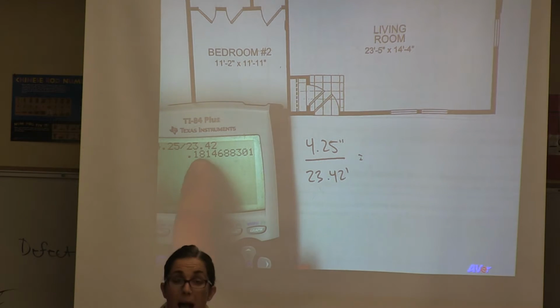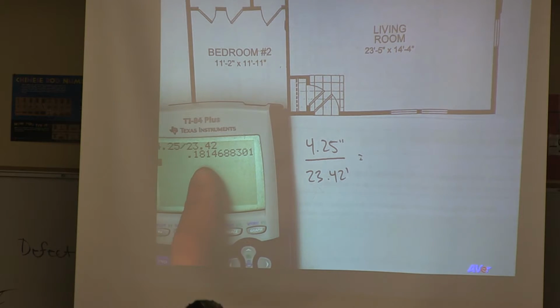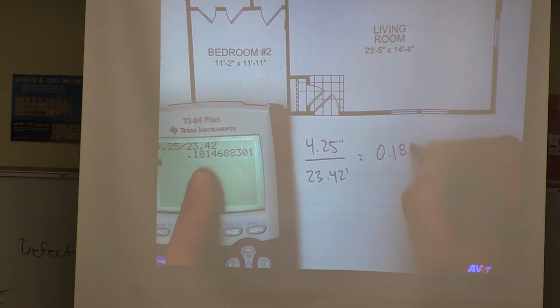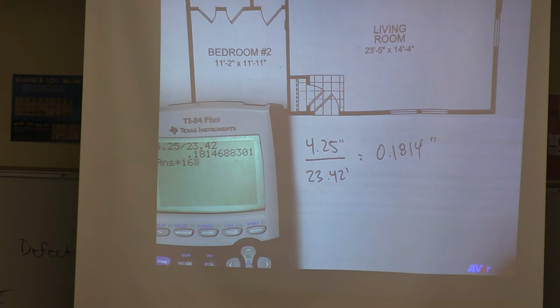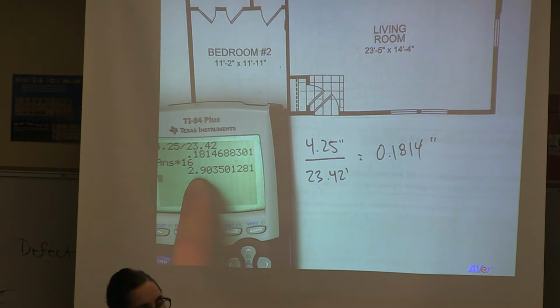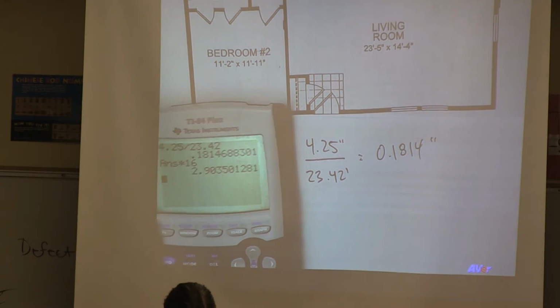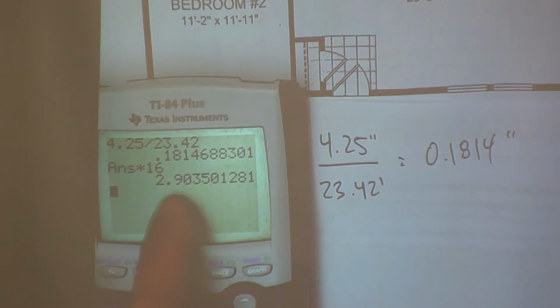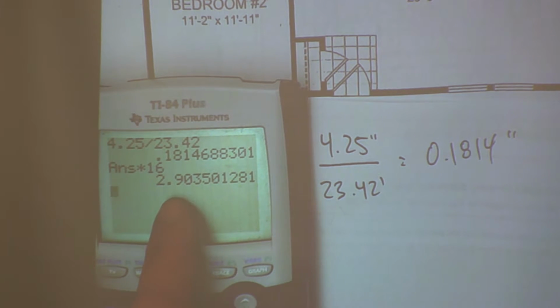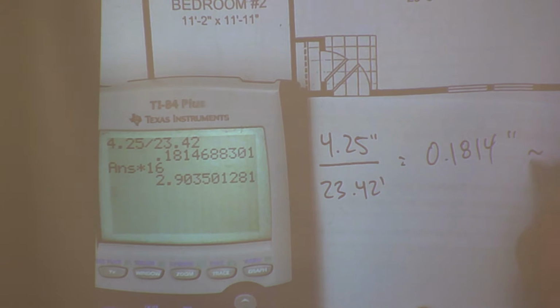So if I want to know how many 16ths that is, what should I multiply by? 16. If I multiply it by 16 and round, how many 16ths is that going to be? 3, which is about 3/16 of an inch.